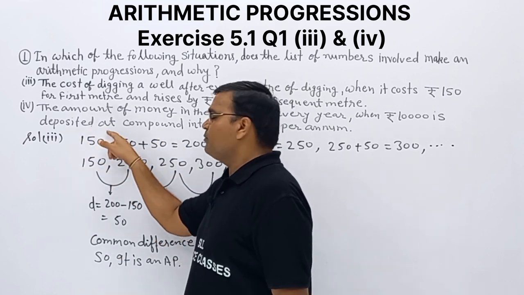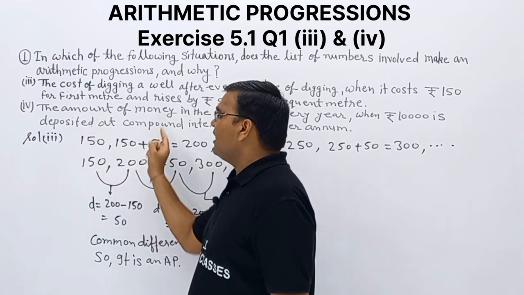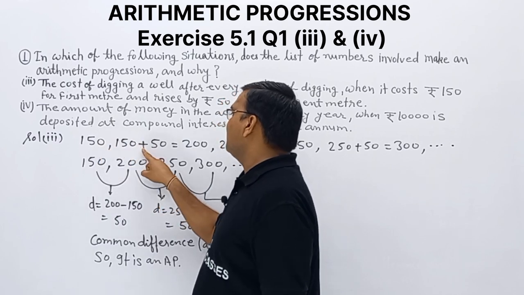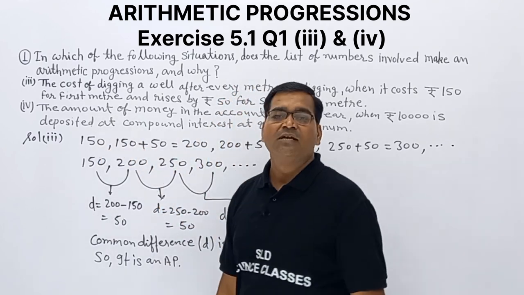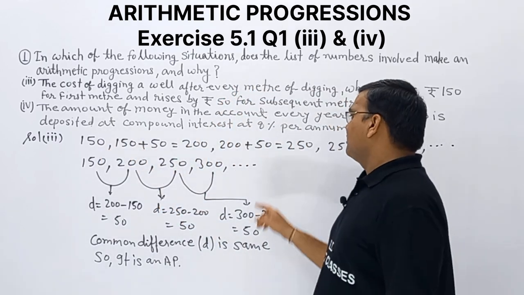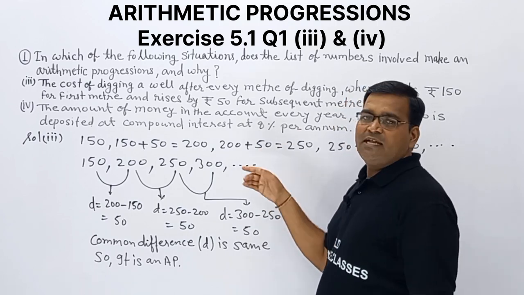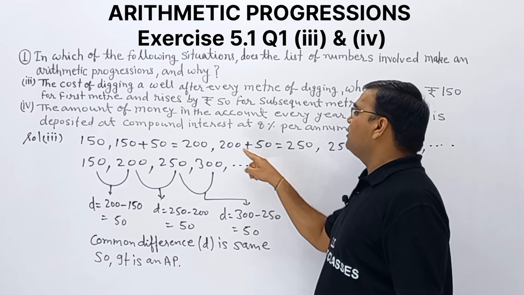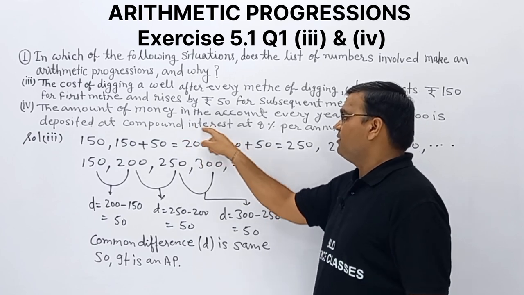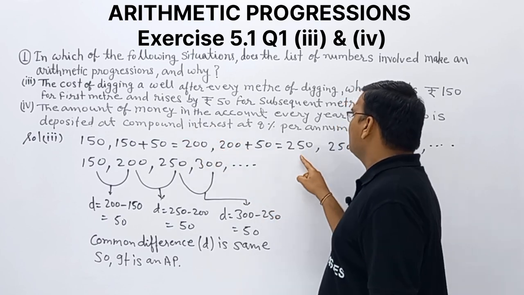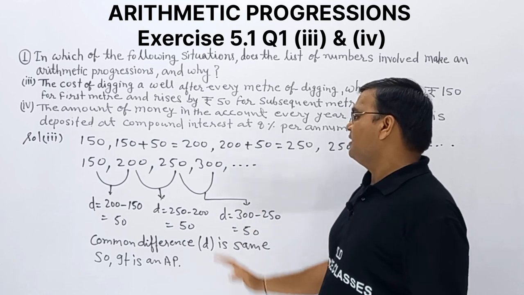Initially we have 150 for 1 meter, so we add 50 and get 200 rupees for 2 meters, and for 3 meters we add 50 to 200, 250, and so on.